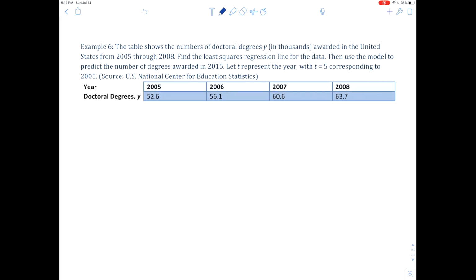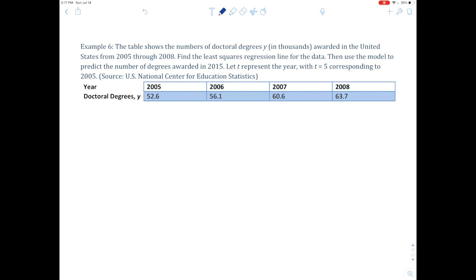The table shows the numbers of doctoral degrees Y, in thousands, awarded in the U.S. from 2005 to 2008. Find the least squares regression line for the data, then use the model to predict the number of degrees awarded in 2015. Let T represent the year with T equal to 5 corresponding to 2005. All right? So this is from the United States National Center for Education Statistics.